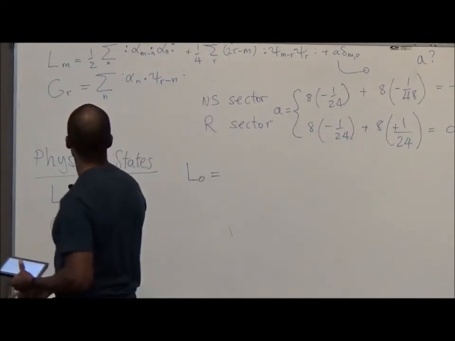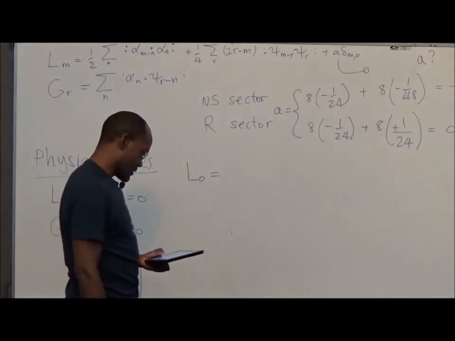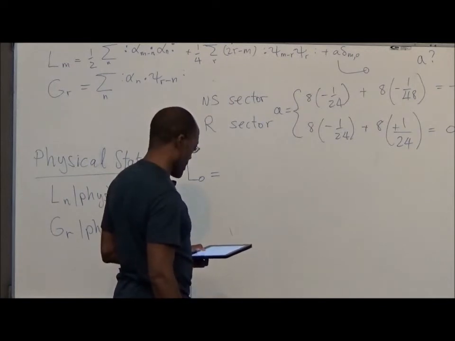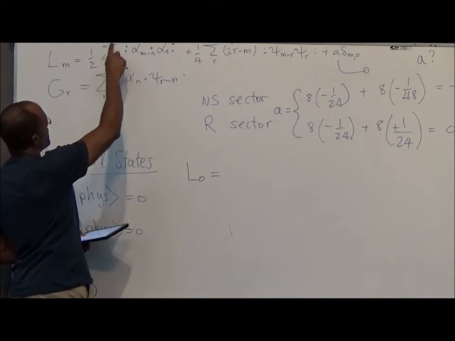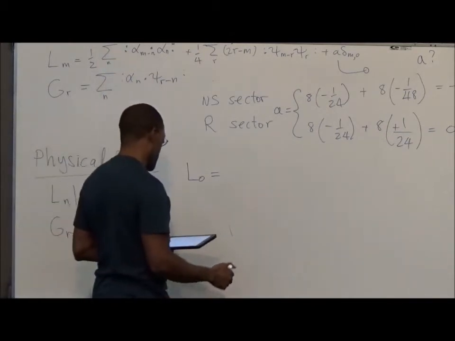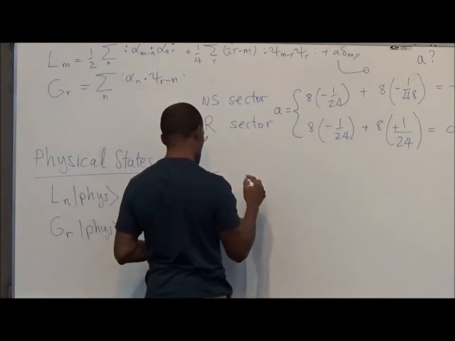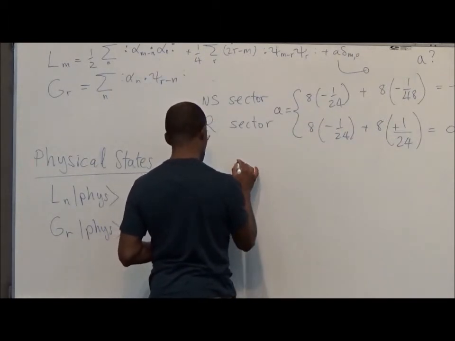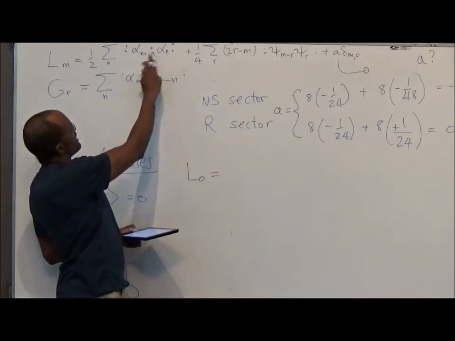So I just stick n equals 0 in here, so let me not write that out again. And I can write that in different ways. I have a sum from minus infinity to infinity here. I actually end up typically writing this as twice, with the normal ordering prescription in place, alpha minus n alpha n.